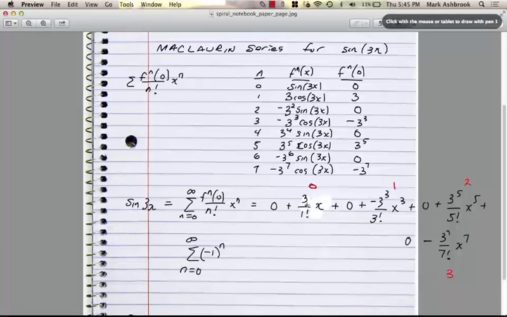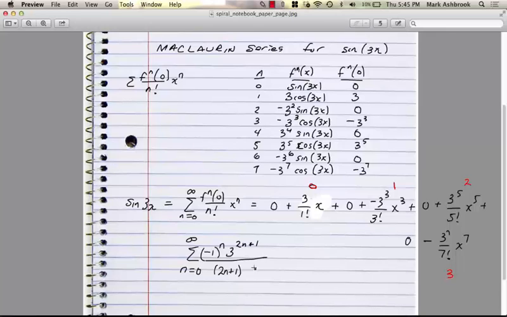So we have negative 1 to the n, and then 3 to the what? When n is 0, we need 1. When n is 1, we want 3. When n is 2, we want 5. When n is 3, we want 7. What is that? 2n plus 1. And I think that's the same as the factorial that we need, right?